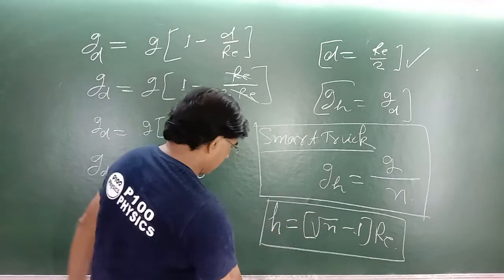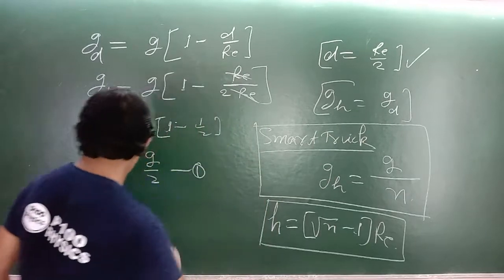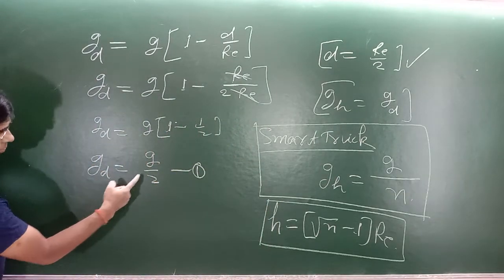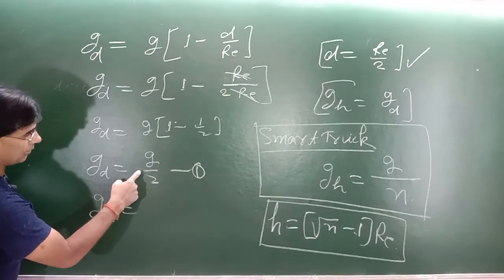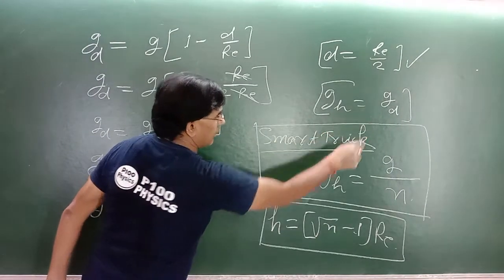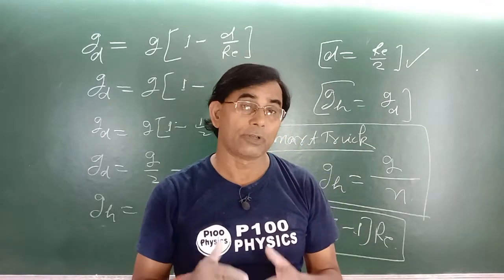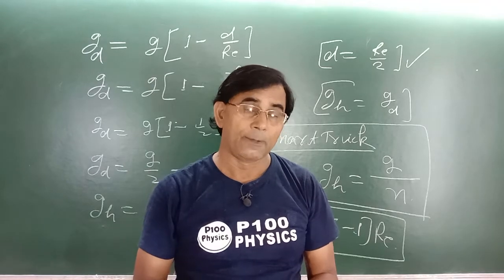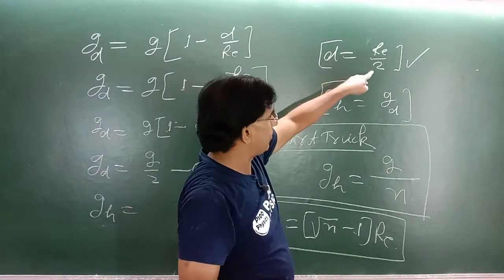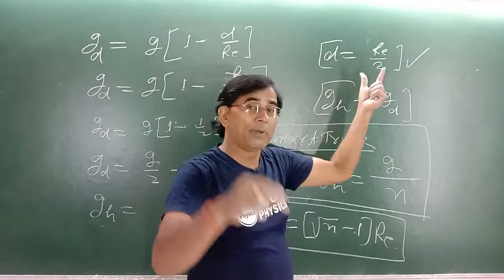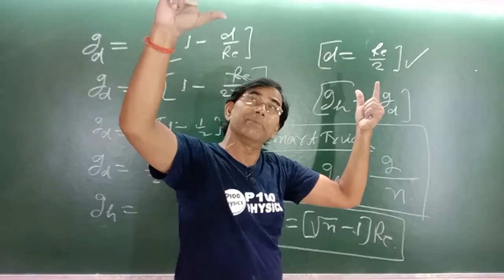Now n is how much? gd equal to gh means the value of acceleration due to gravity at a depth Re by 2 is the same as the value at the height. At what height will the value be the same?